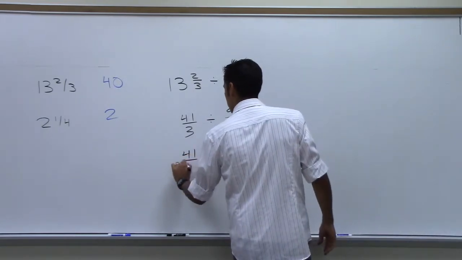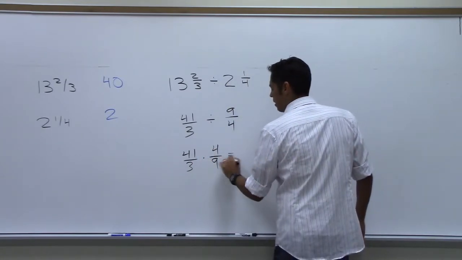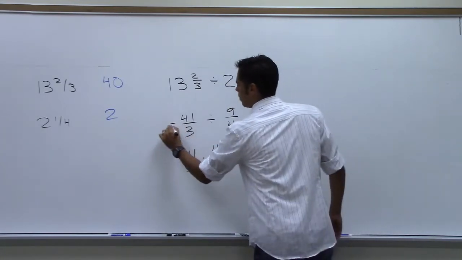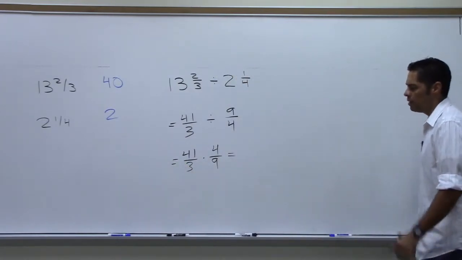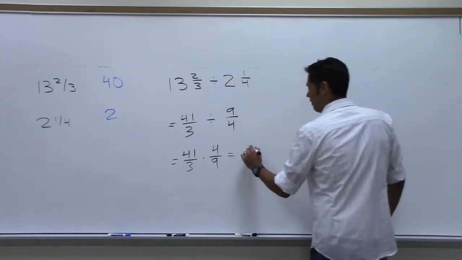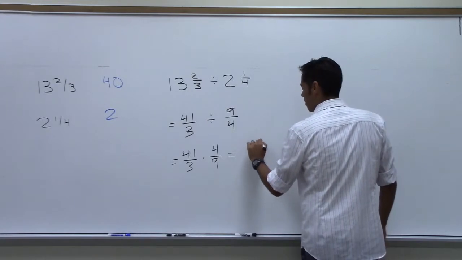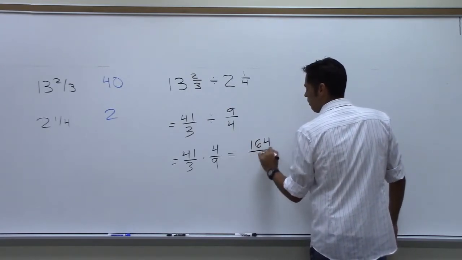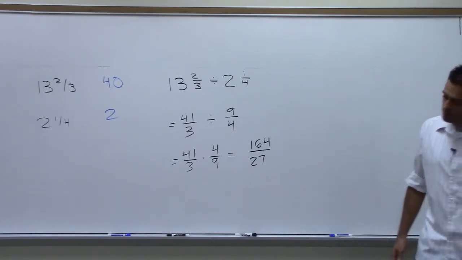So 41/3 times 4/9. And do we get any cancellation here? I don't see anything that's going to go away in reducing. So what is that? 164 over 27.